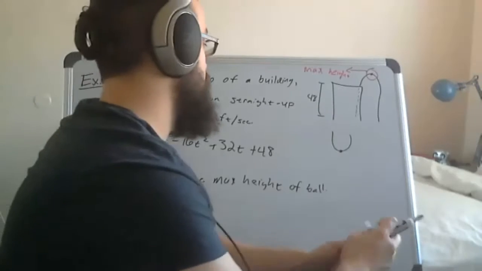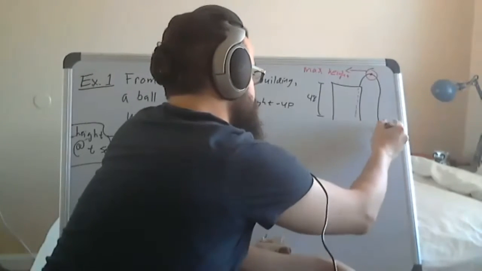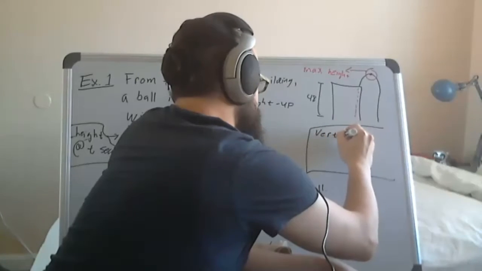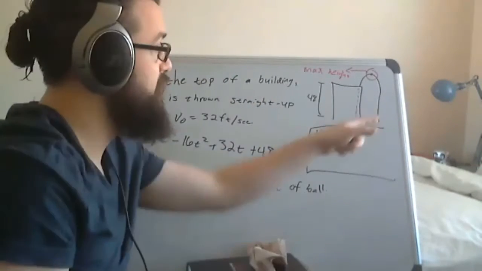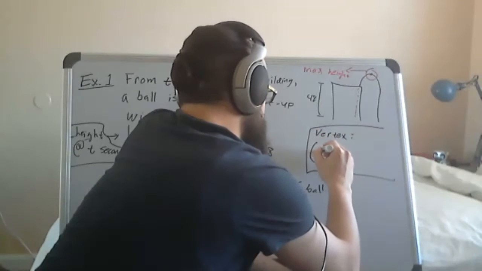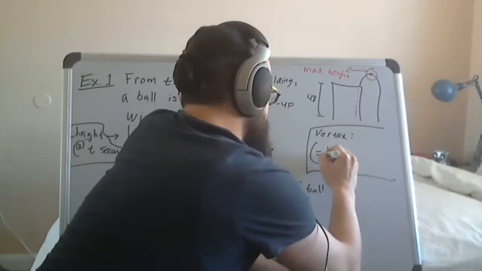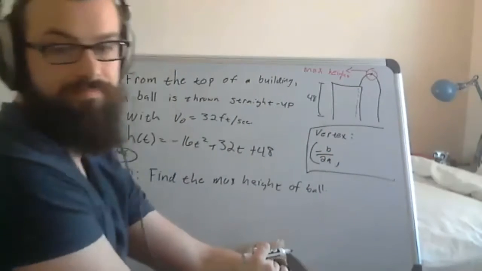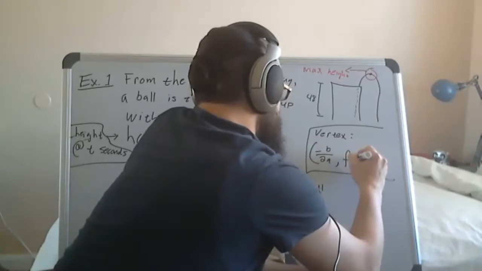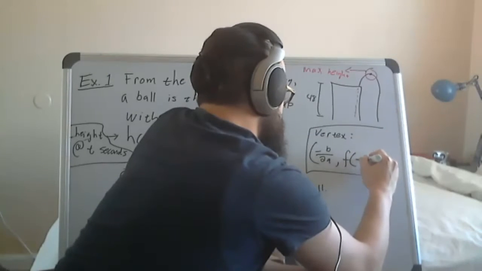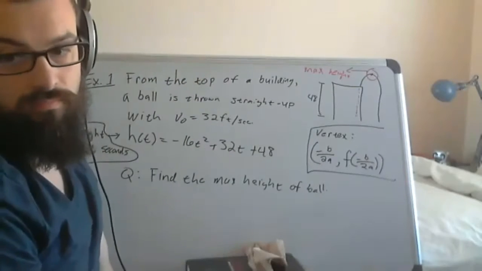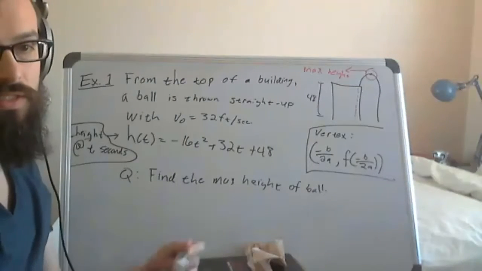Remember, side note, the vertex looks a lot like this. The vertex is a point, just like this is a point on this parabola, and the coordinates are: the x value is negative b over 2a, and to find the y value associated with that, you just plug that x value into the function. That's all.